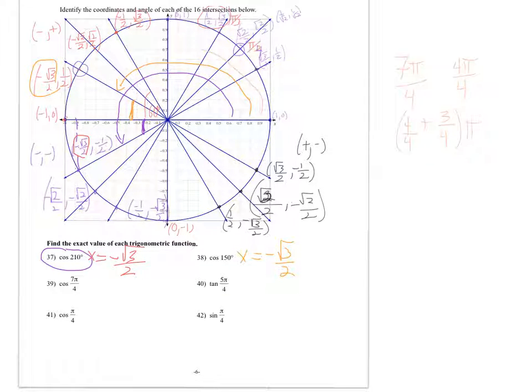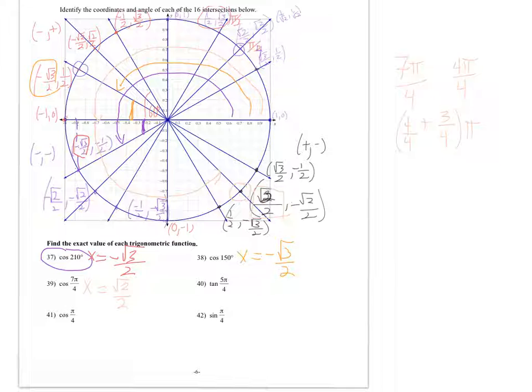So we go 1/2 circle, that's pi, and then 3/4 of a half circle to get me to 7 pi over 4. If you converted this to degrees, you'd find out this is 315 degrees, and that's okay to do for now. You will at some point need to get used to using radians, but now it's okay if you do the conversions. 7 pi over 4, cosine again is going to be the x value, and down here the x value is going to be the square root of 2 over 2.